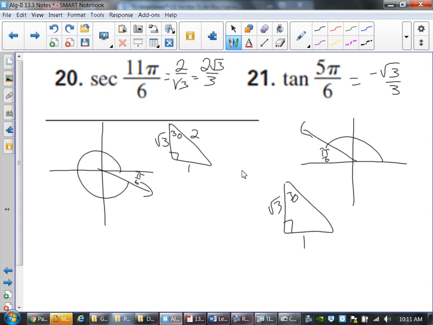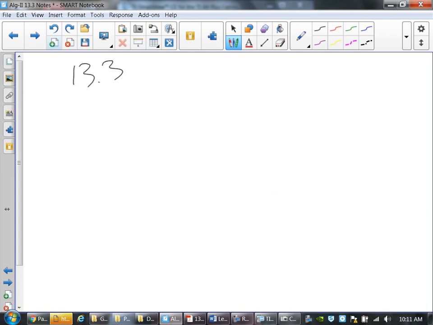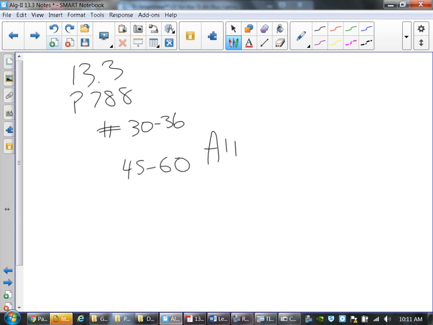This is 13.3. A lot of spinorama jamma there.